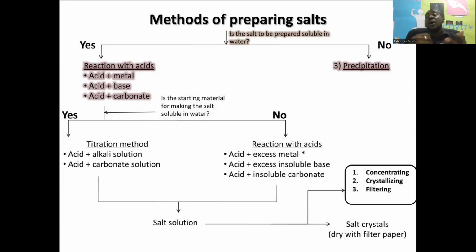If the metal, base, or carbonate and the acid are soluble, then we will do a titration method. Or if they're not soluble, then we will use an excess of each to get the salt that we want.